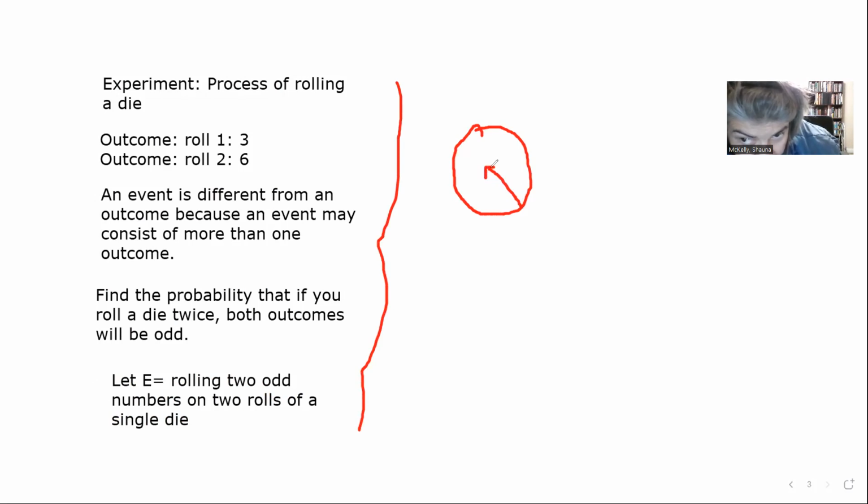There's my spinner, and you'll have a spinner and you'll roll a die. That's an event. What is the probability that your spinner lands on red, say, and your die is an odd number? That's an event, okay?